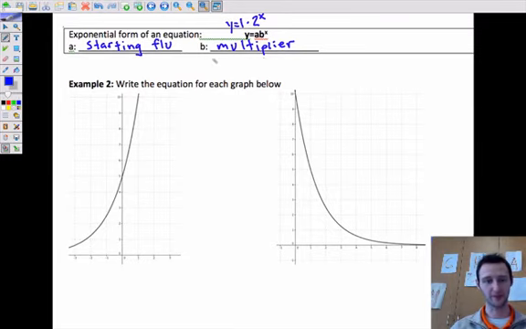So b is our multiplier. In any case, it's going to be of the form y equals ab to the x. Why did I write starting flu? That was dumb. Not starting flu, starting value. Sorry. A is our starting value, b is our multiplier.